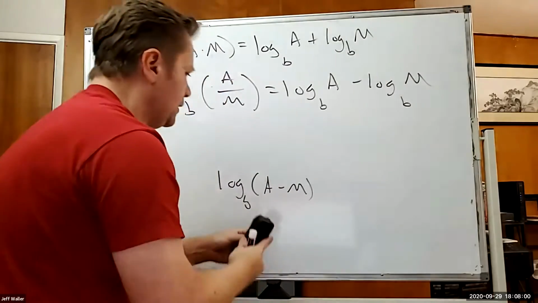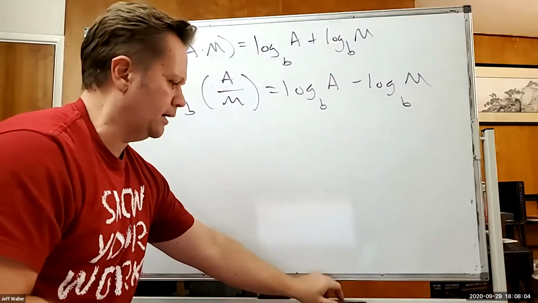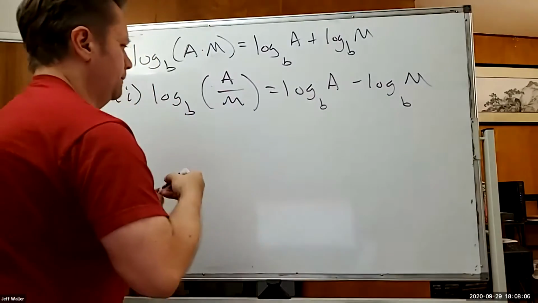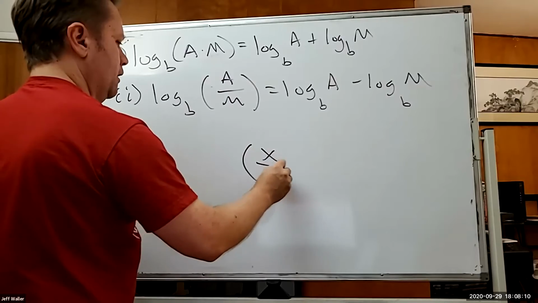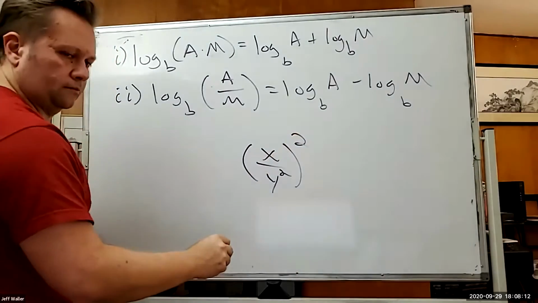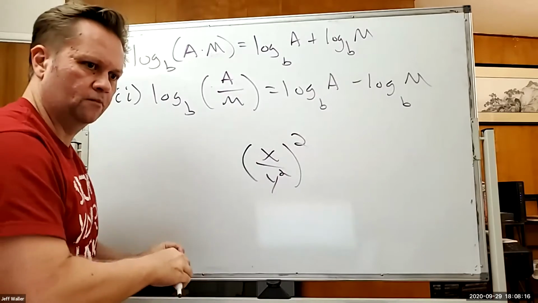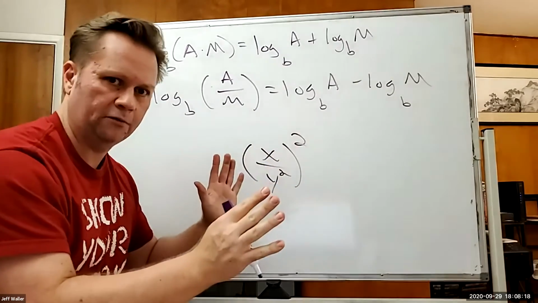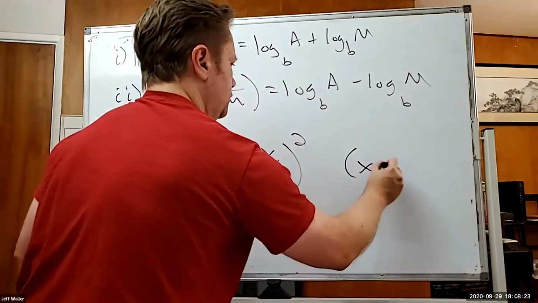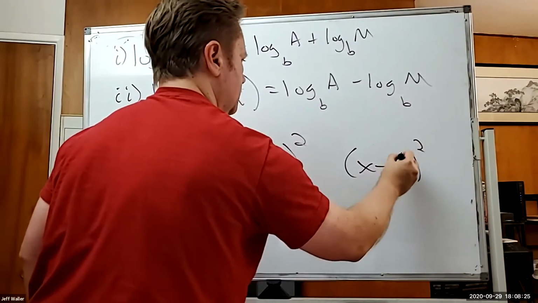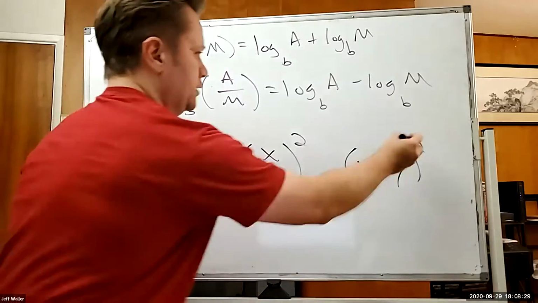It's the same idea. Remember, this is all about exponents, right? Can I directly do something with this without doing anything weird? Can't I just square everything inside and be done with it? No, I can't distribute that.